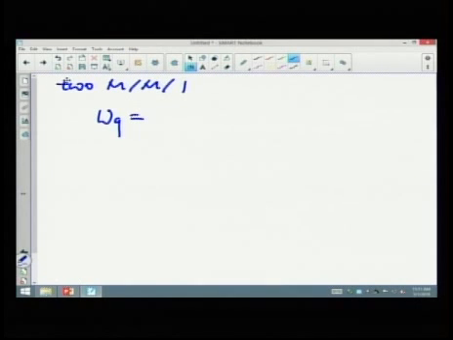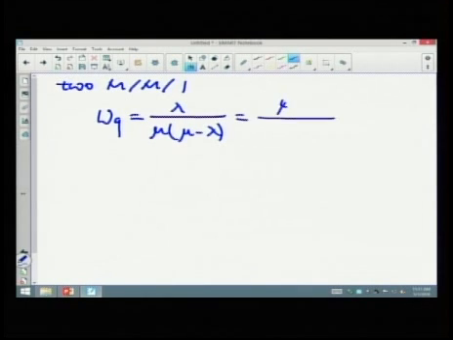That's lambda over mu times mu minus lambda, right? So what is this? 4 over 5 times 5 minus 4, which is 4 over 5. That is 0.8, right? So that's going to be 0.8 hour.